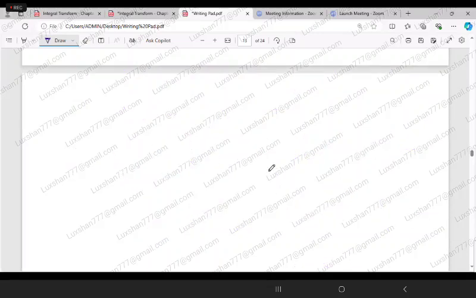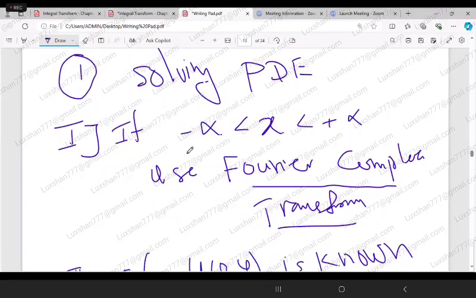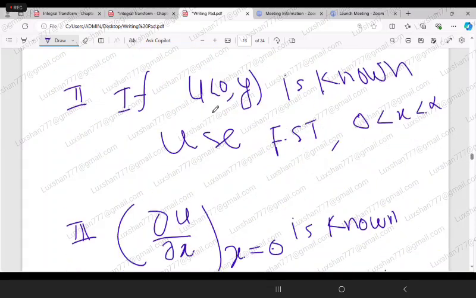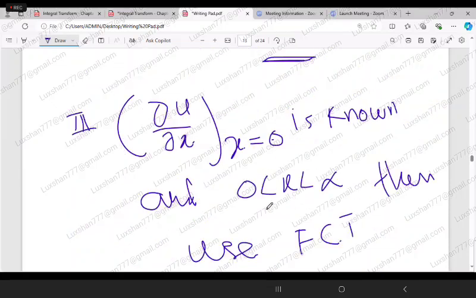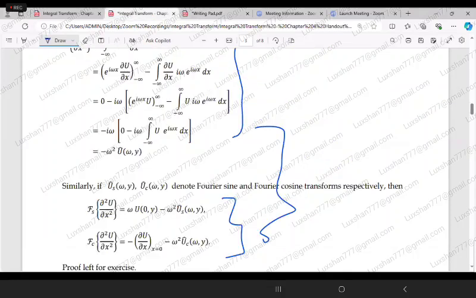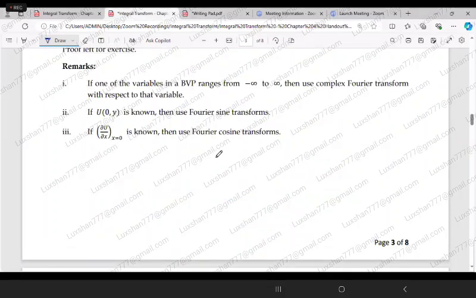Okay, so these are the three rules. If the range of x is minus infinity to plus infinity, use the Fourier complex transform. If the range is 0 to infinity and you know u(0, y), use Fourier sine transform. If the range is 0 to infinity and you know du over dx when x equals 0, use the Fourier cosine transform. These are the three things you should know. Okay, now let's quickly go through our handout and we will finish it before 4 o'clock.